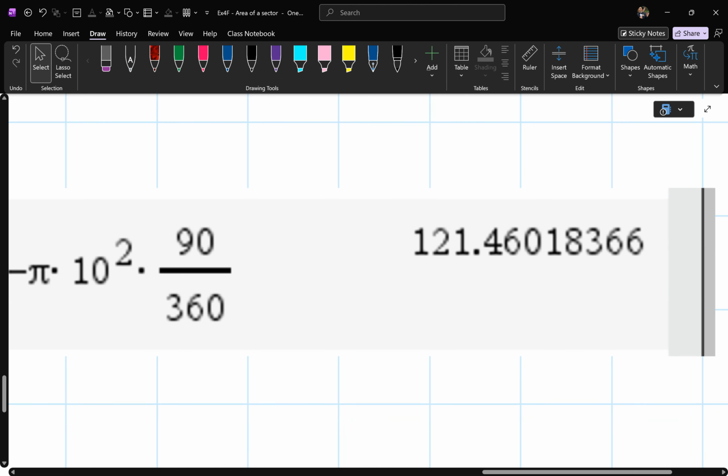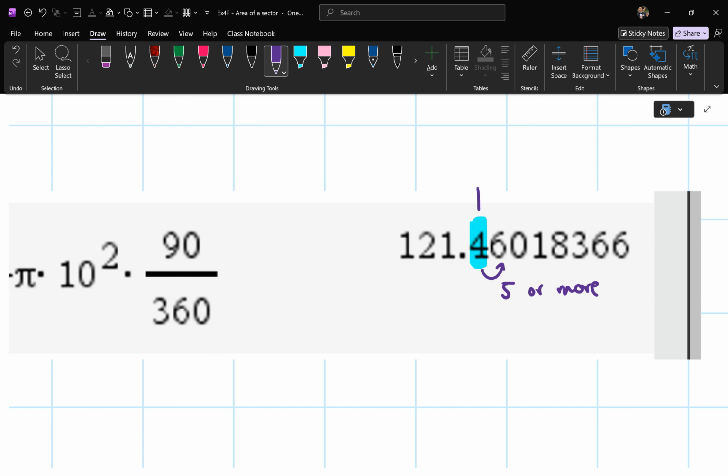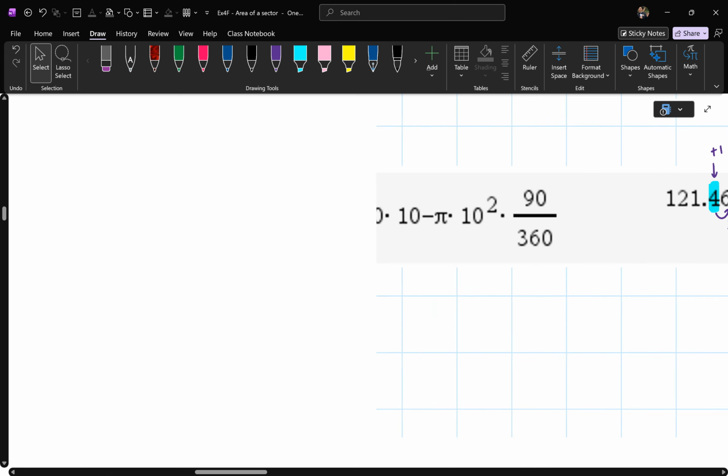So round to 1 decimal place, take first bit after decimal, next bit after, that's 5 or more, then you increase this by 1. Okay, that becomes 121.5.